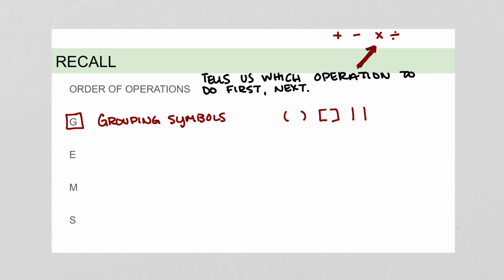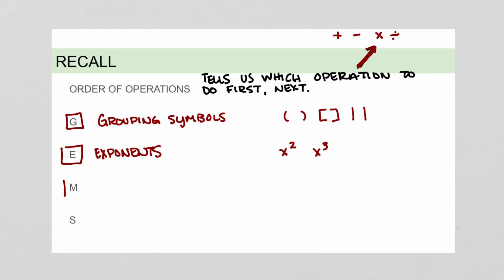There's a lot of different things. Anything that groups those together, those are what we're going to tackle first when simplifying. We know next we would try to simplify exponents. And last week we talked a lot about exponents. That's like something raised to the second power or the third power.